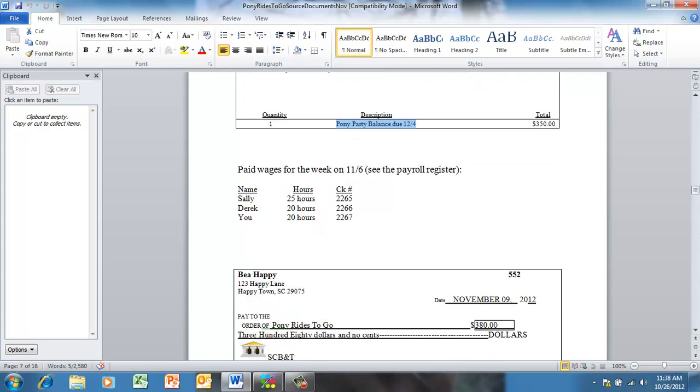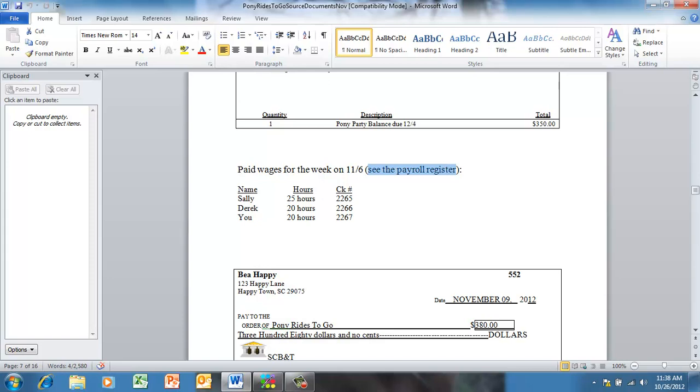This next transaction involves payroll. So you will need to see the payroll register. On the payroll register, it's all filled out for you, showing everybody's hours and their gross pay, their total deductions, and their net pay, and that's all totaled for you. You need to debit the gross wages into wages expense.